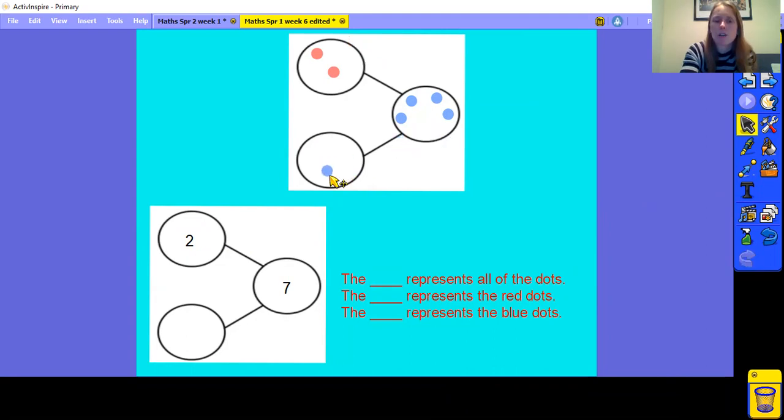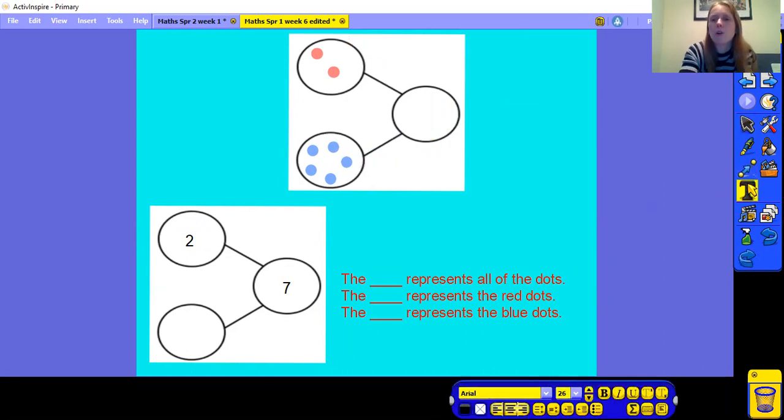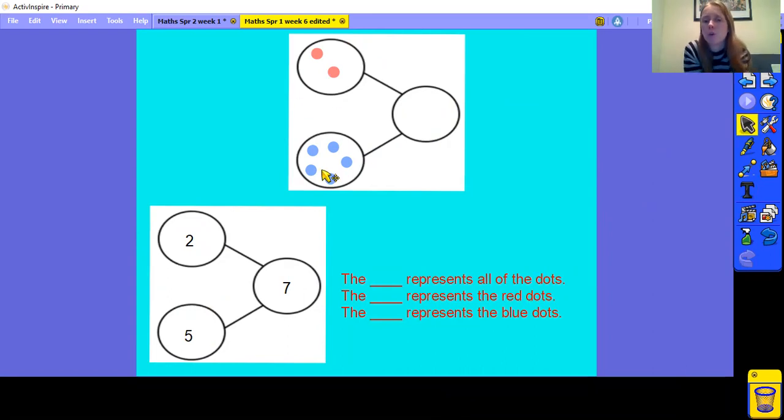Let's move them across. 1, 2, 3, 4, 5. There are 5 blue dots. I'm going to write number 5 here, and the 5 represents the 5 blue dots. So you can see I have 2 red dots, 5 blue dots, and I have 7 dots all together.